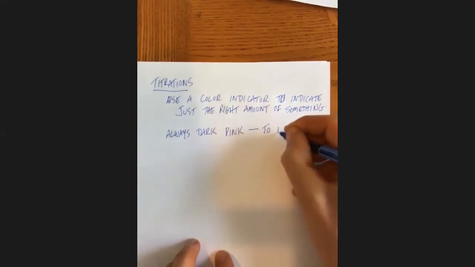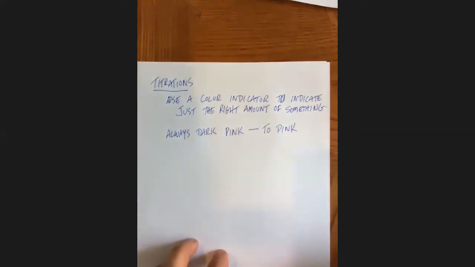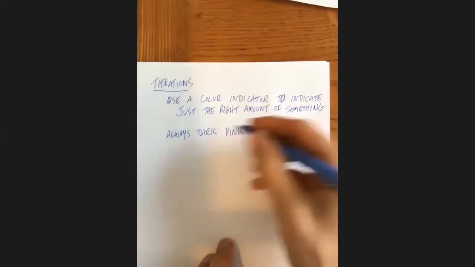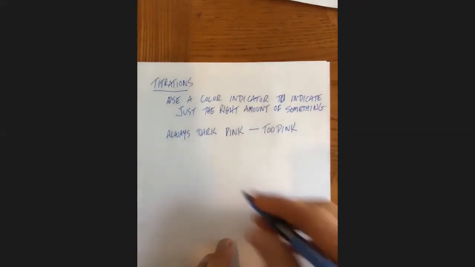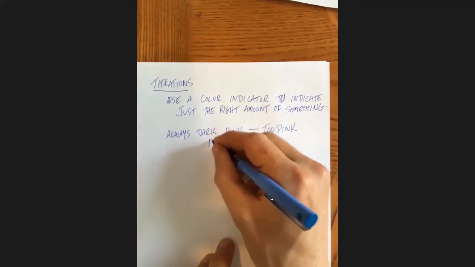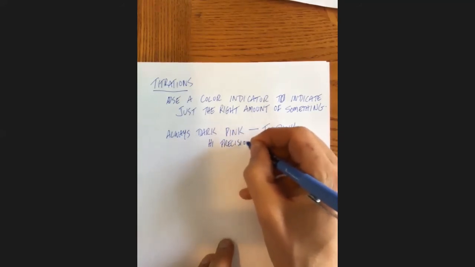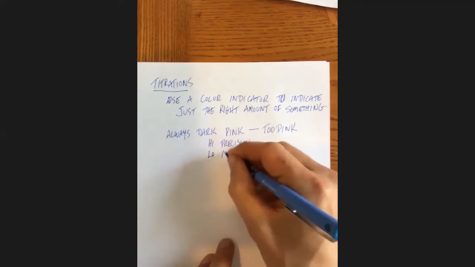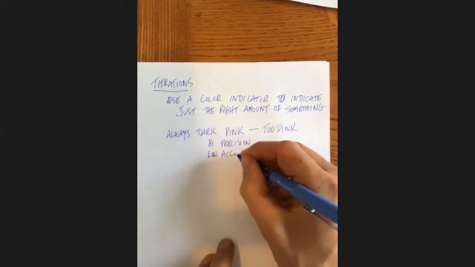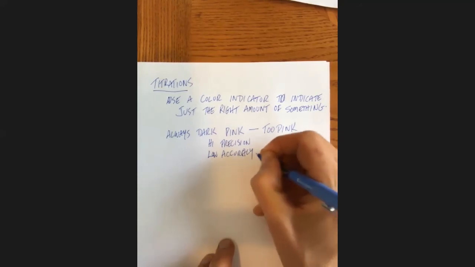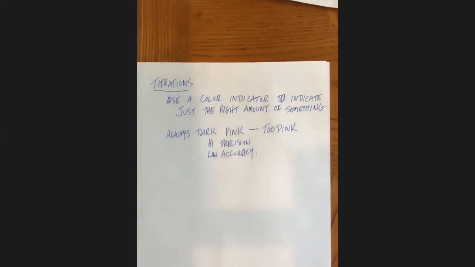But since they're being consistent, like with your example of always calling the shots in the same way, they're always getting the same results. That's high precision, but low accuracy. And then the best example is a student who gets that light pink color every single time, because it's high accuracy and high precision.